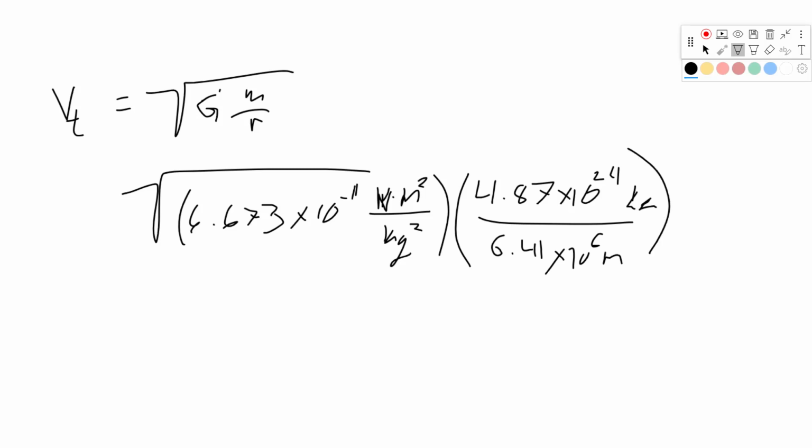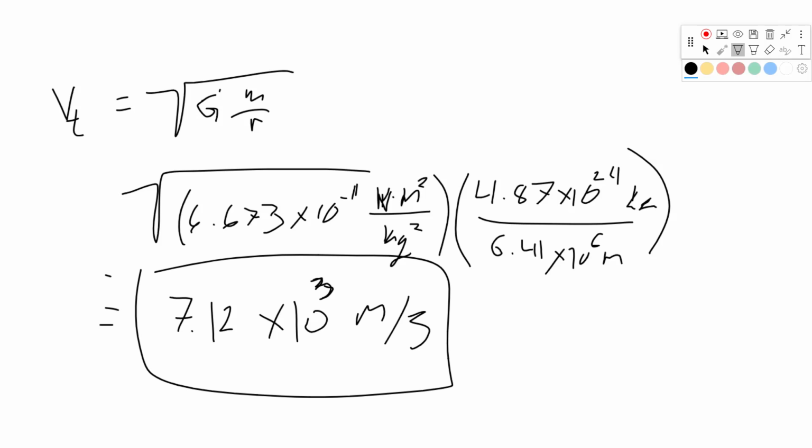And when we go ahead and do all of that math, we come out with 7.12 times 10 to the 3rd meters per second. So there's your answer for the second half.